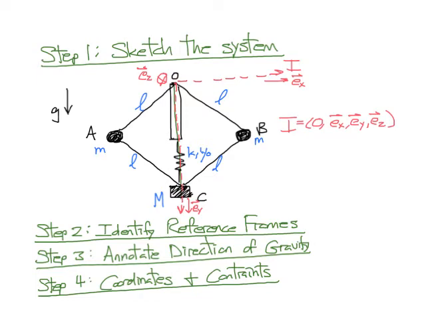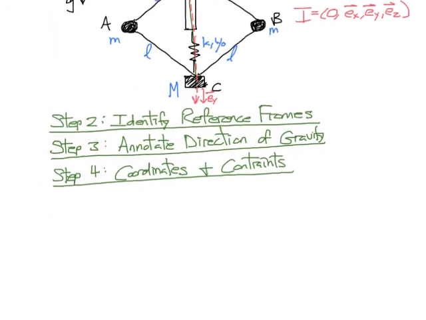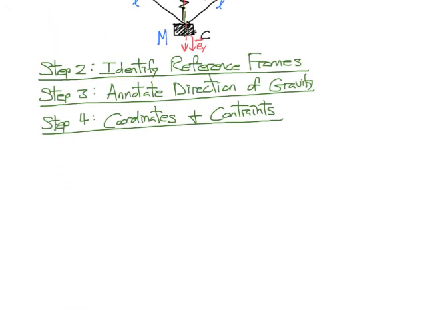And now we move to step 4, which is to define the coordinates and constraints. This is one that we'll have to stop for a moment and think about. We need to have a coordinate for every degree of freedom that's in our system. And so we'll define an equation that links the number of degrees of freedom in the system with the number of particles and the number of constraint equations.